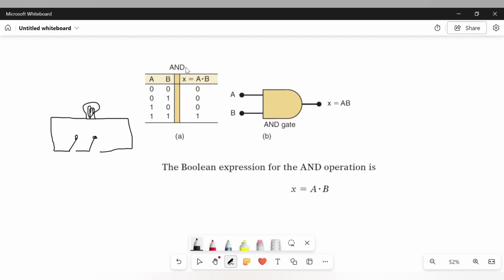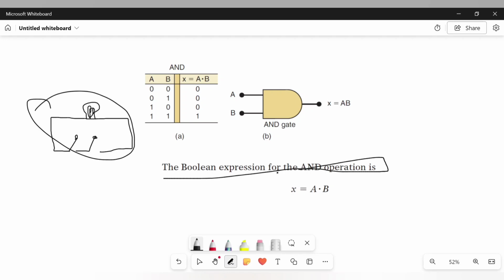Now when these two switches are on, this light will be lit. So this is an example of the AND operation, and here is the Boolean expression for the AND operation.